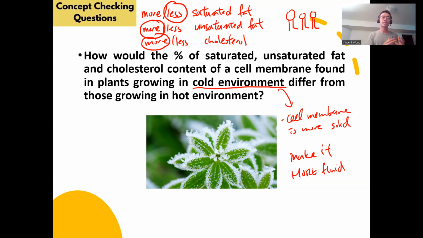In that case, you would need more saturated fat, less unsaturated fat, and less cholesterol. So think that through yourself. Don't just memorize it. You have to understand it in order to answer the question.